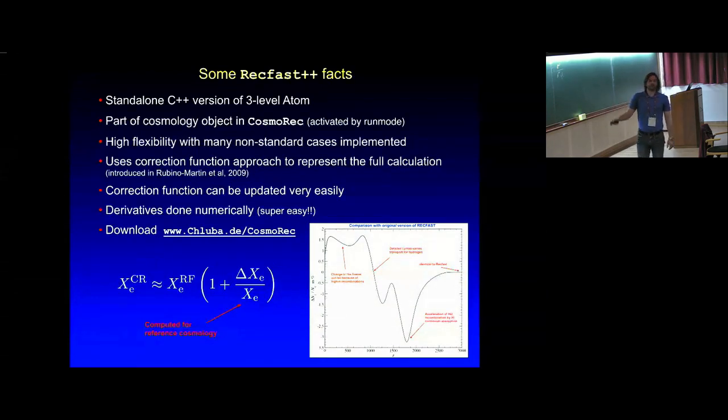We have now, in particular for the variation of fundamental constants, Luke Hart and I, actually included correction functions independently for the helium and hydrogen recombination parts, because you want to make sure that things are matching in the right way, right? So this is rather easy to do.